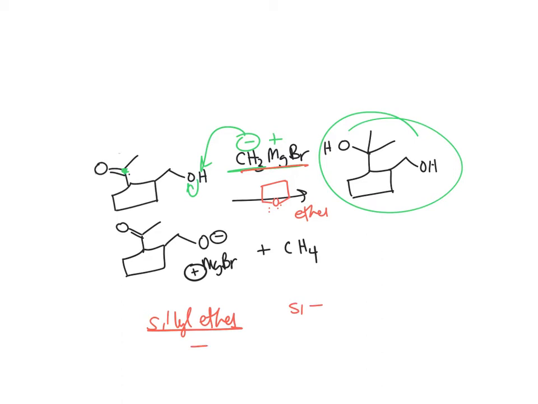So if you have something like TIPS chloride, so that's triisopropylsilyl chloride, too many carbons, always count your carbons. And what you can do is then you can just add this with triethylamine, which is just a proton sponge.